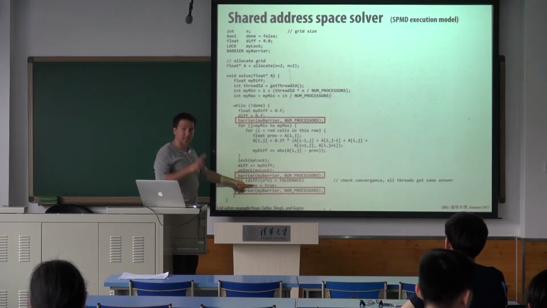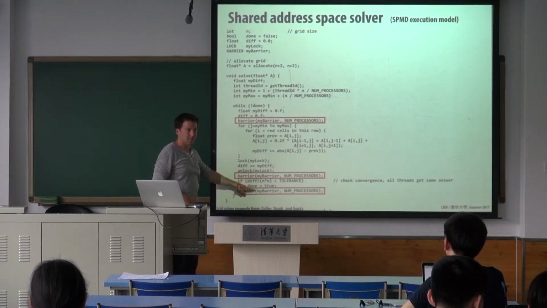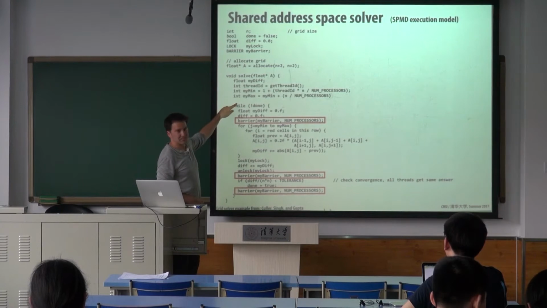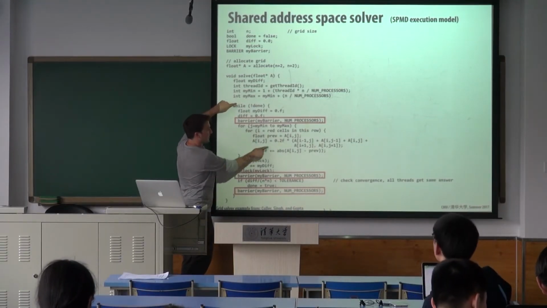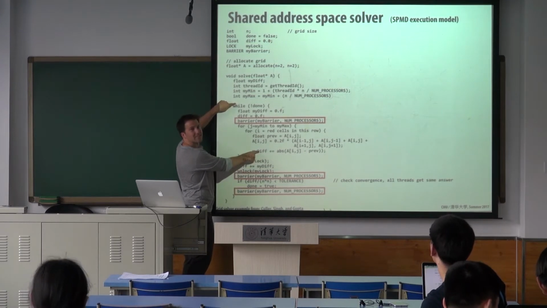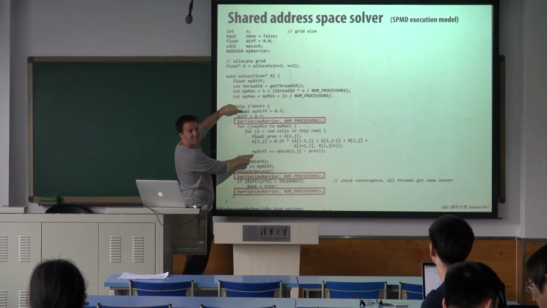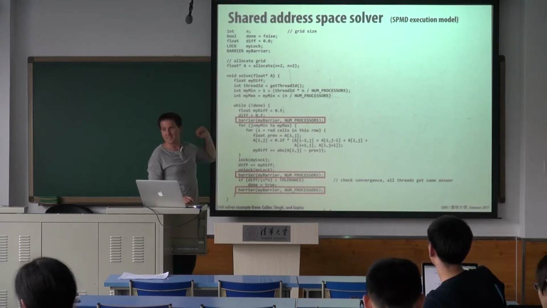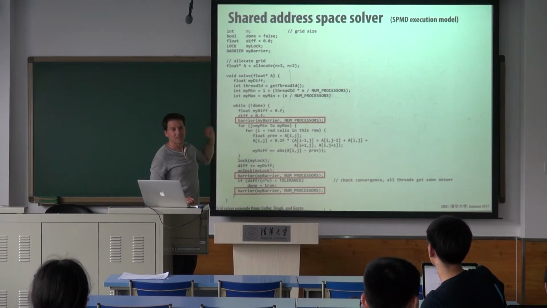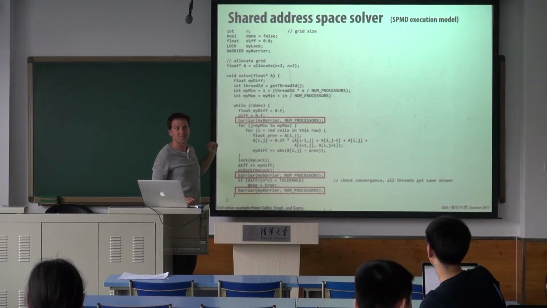Some other thread says we are not done, moves to the top. The first thread has already added back into diff. Second thread sets it to 0 halfway through, and then the value of diff is not correct. So that's why the third one is here.